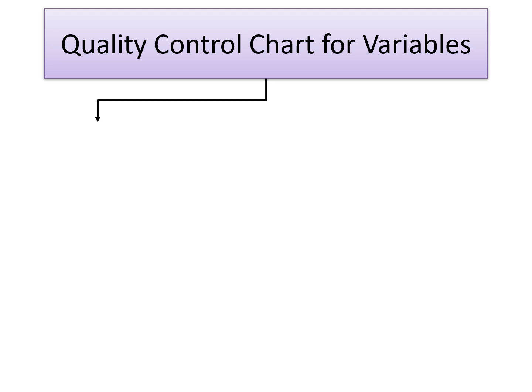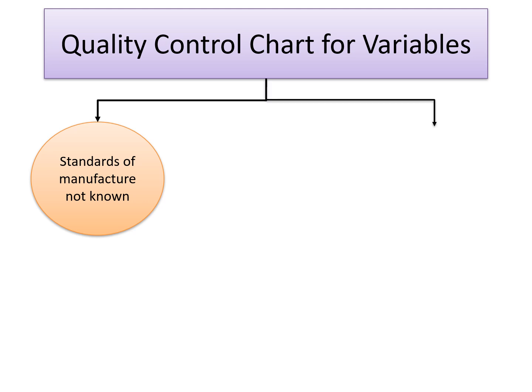Firstly, even though we can measure the quality parameter, the standards of manufacture may not have been specified or may not be known. On the other hand, the standards may be known; for example, if we have to make a chalk stick, maybe it has to be 3 inches. So we know the standards, or we may not know the standards. These are the two scenarios.